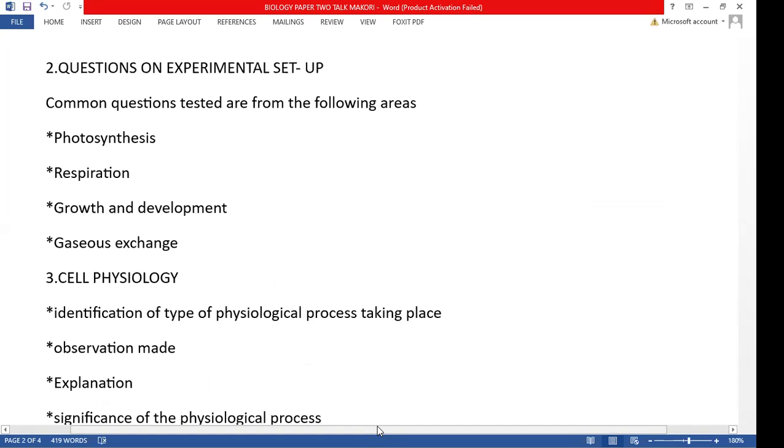The reason we do not prefer a dead mouse is that it can be decomposing, and the decomposers can also lead to the production of carbon dioxide. So the best is to set up a conical flask that has no organism, because we know that the control experiment is for comparison.